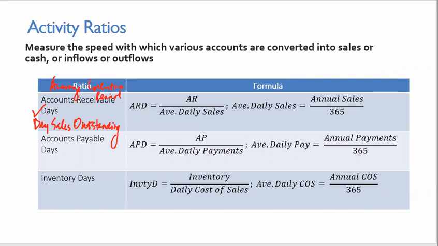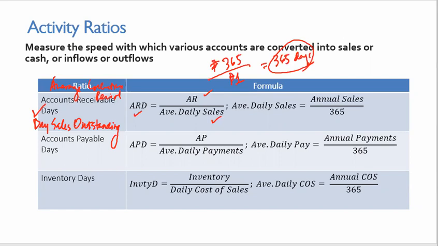Accounts receivable days is the balance of receivable divided by the average daily sales. Kung tutuusin, okay, 365 pesos ang receivables mo, at meron kang sale na piso sa bawat araw. It means that it will take you 365 days to collect everything.